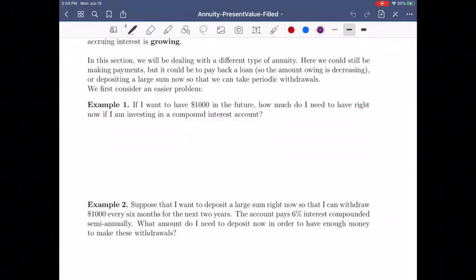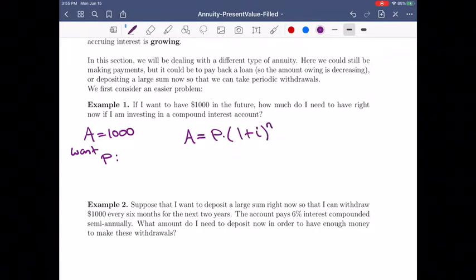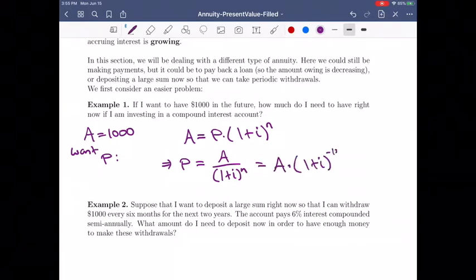Here we want A to be 1,000 and we want to find P. A is P times (1 plus i) to the n, so if I divide by (1 plus i) to the n, P is A over (1 plus i) to the n, or we could write that as A times (1 plus i) to the negative n.